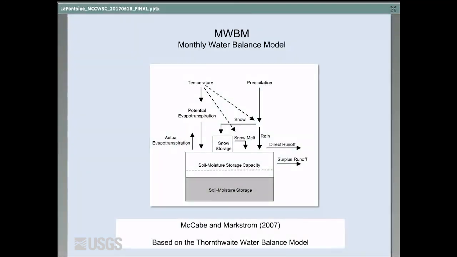And so looking at our application of the monthly water balance model, this is a relatively much less parameter-based model than PRMS, the daily time step. So the water balance model has, I believe, 5 input parameters and 7 output variables, and looks at monthly temperature and precipitation, and how that interacts with the landscape, and has various storages in the soil zone, and computes runoff.